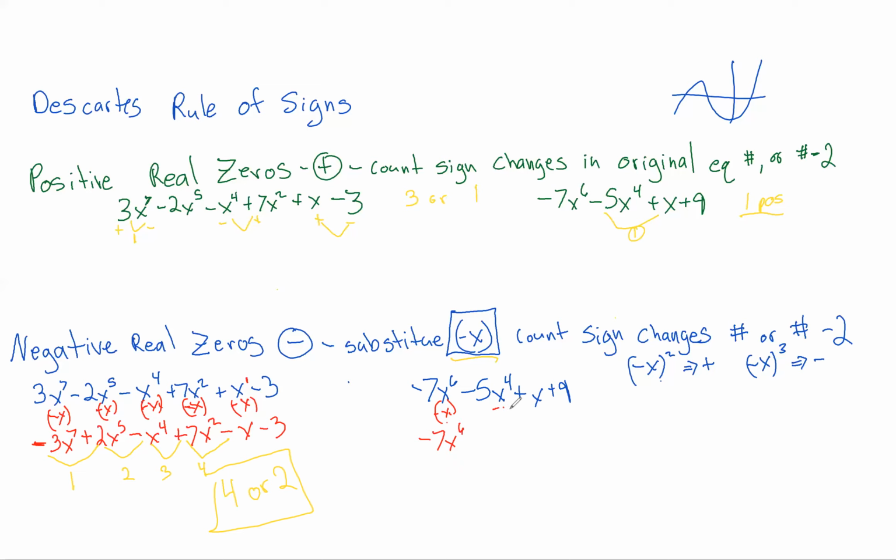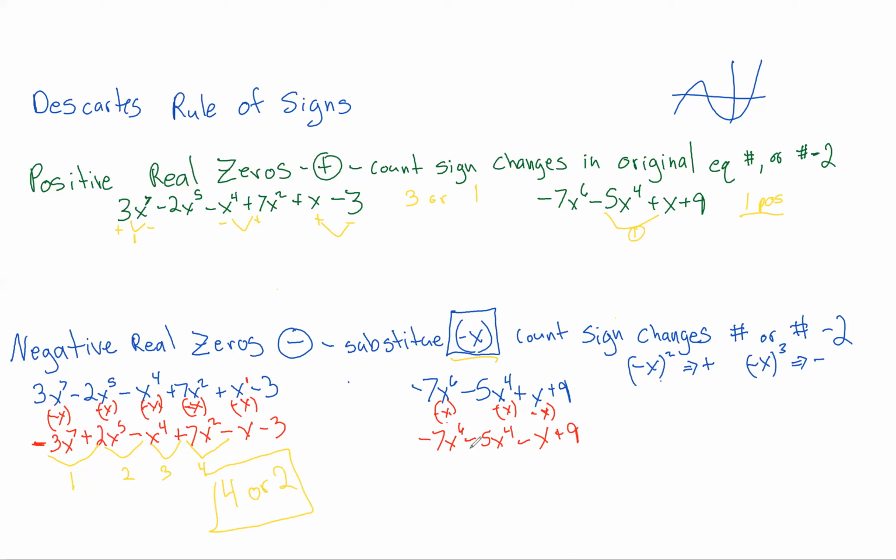And if we put negative x in for negative 5x to the 4th, because it's raised to an even power, it's not going to have a sign change. So it's negative 5x to the 4th. Now if we put negative x in for plus x, we will get negative x. And then plus 9.